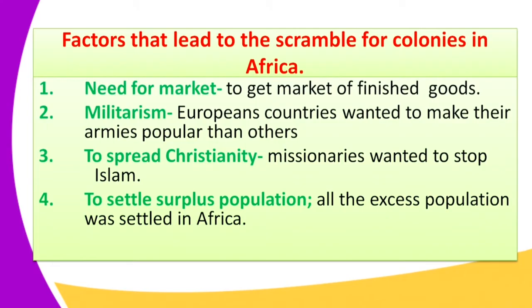Fourth, it was to settle the surplus population. All the excess population was settled in Africa. As a result of the Industrial Revolution, machines replaced human labor, and this caused migration from rural to urban centers.